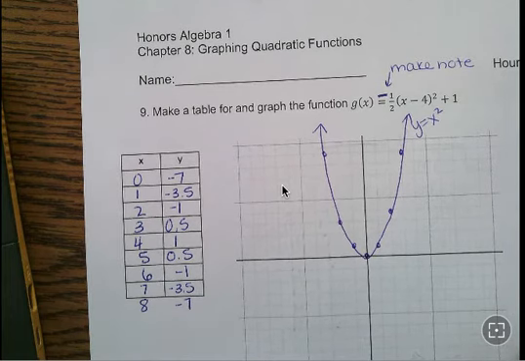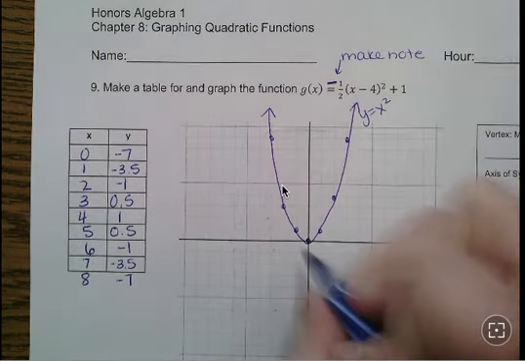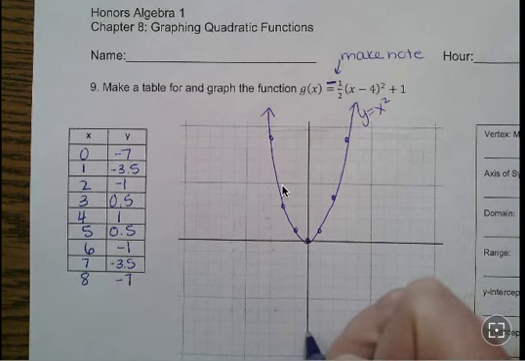All right, so now we go to our graph. And let's graph these points. 0, -7.